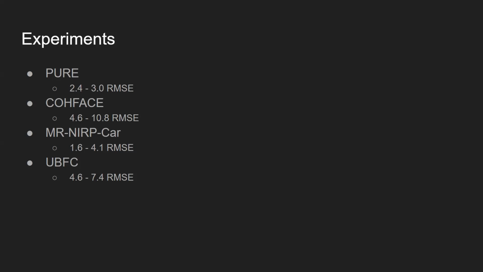For UBFC, the dataset compares against the 7.4 RMSE baseline, but it's not perfectly comparable because it uses the first 2 seconds of all samples for adaptation. The RMSE scores for supervised and contrastive methods are 4.9 and 4.6 respectively, so they do have similar performance.